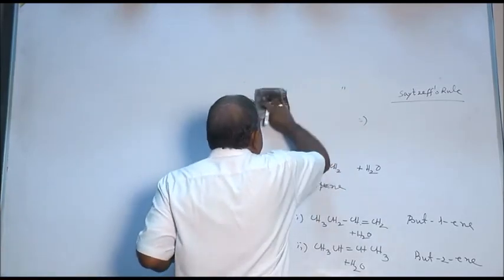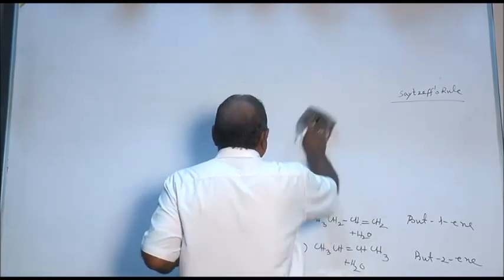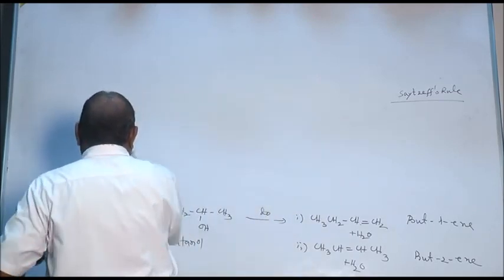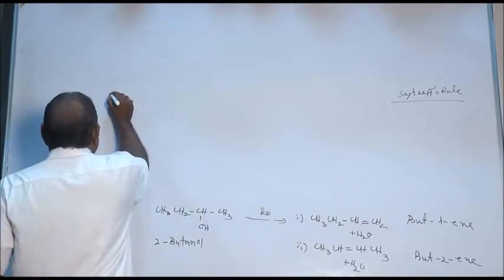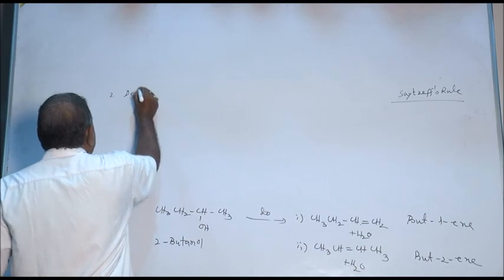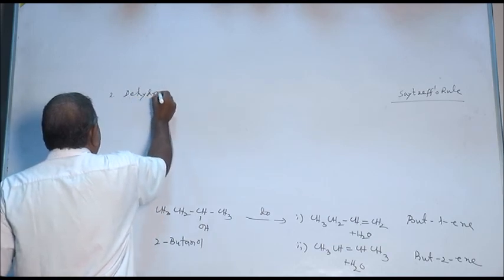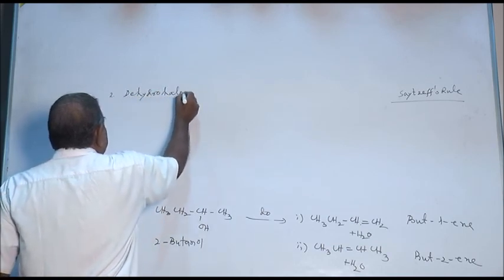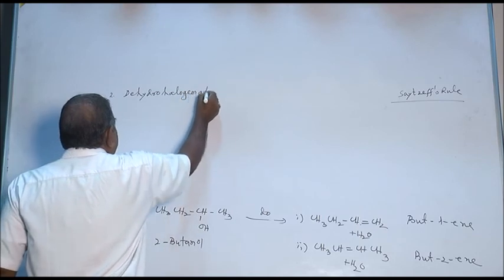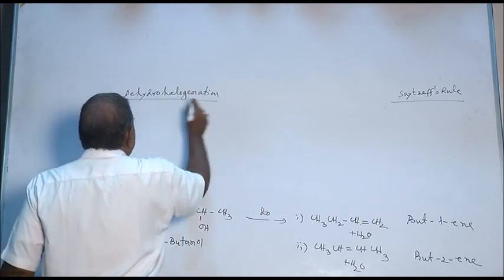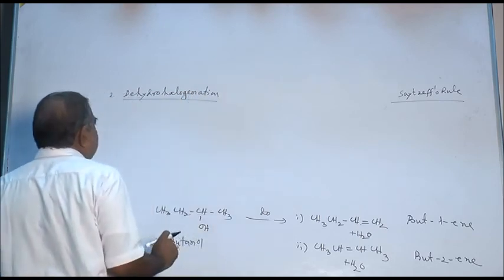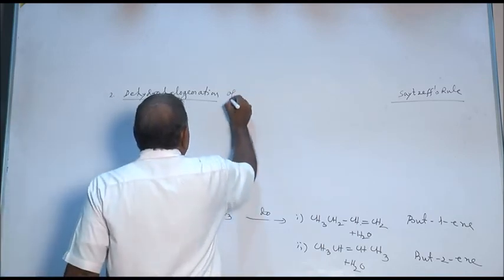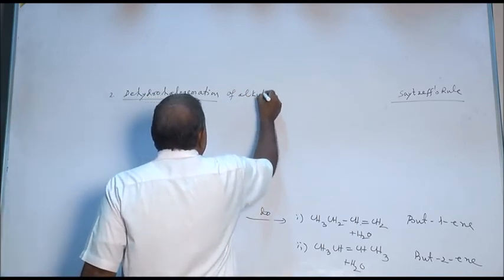This is decided by Saytzeff's rule, because this is also applicable to my second method, that is called dehydrohalogenation. Here both hydrogen and halogen are removed, therefore it is written dehydrohalogenation of alkyl halide.